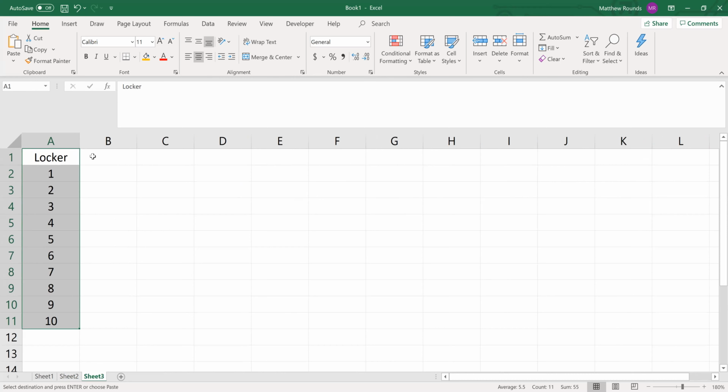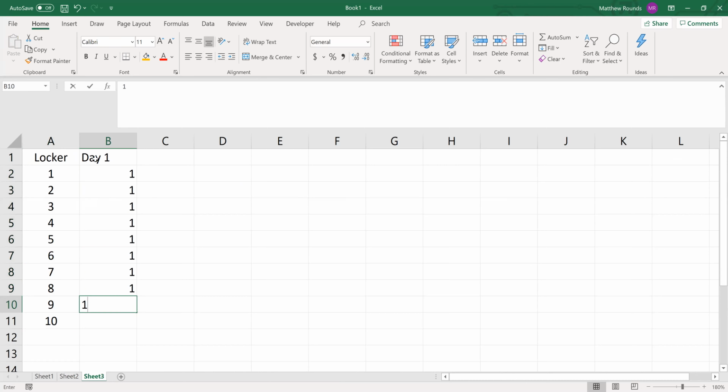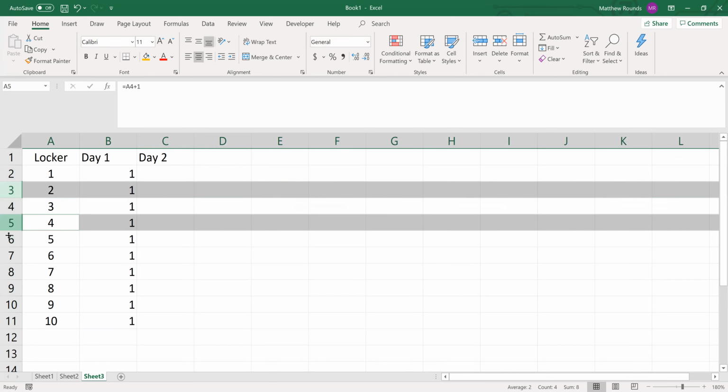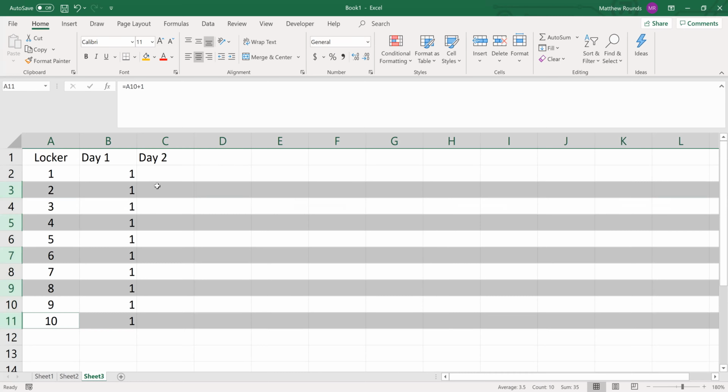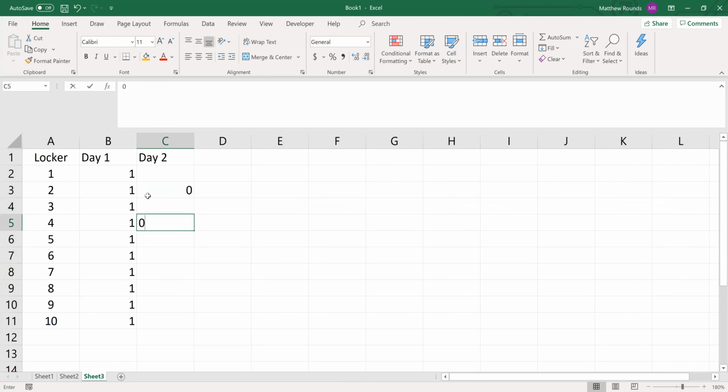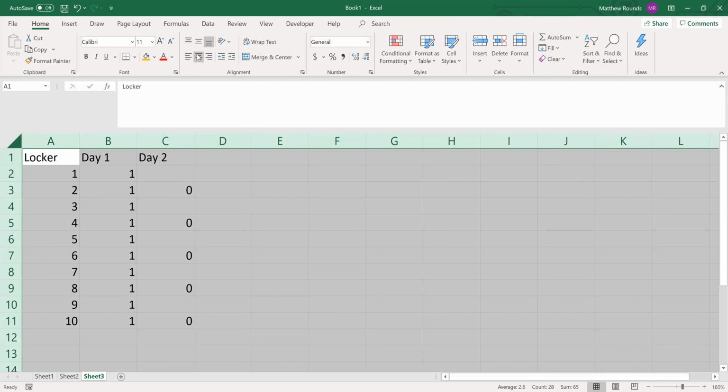Okay, so day one, they're all locked. Day two, if it's divisible by 2, which we only care about these four, we change it. So that went 0, 0, 0, 0, 0. And the other ones just stay the way they are. So we don't even need to change anything at this point.